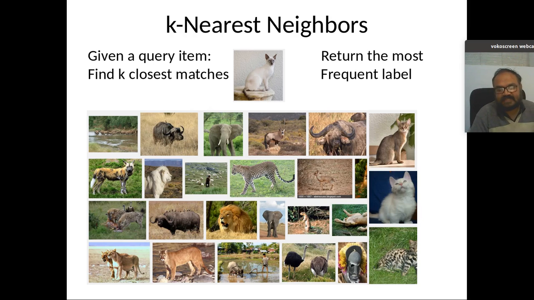For example, let's say k is equal to 5, then we would check the labels of the 5 nearest items and assign to our query item the most frequent label. So let's say 4 of them say cat and one of them says dog or another animal, then we would assign cat to it.